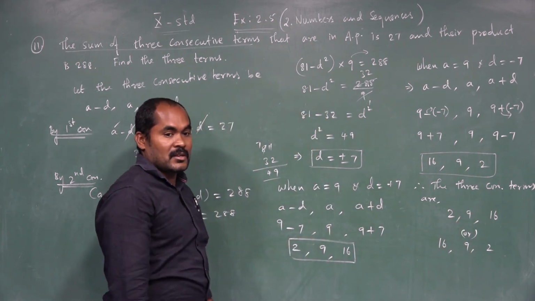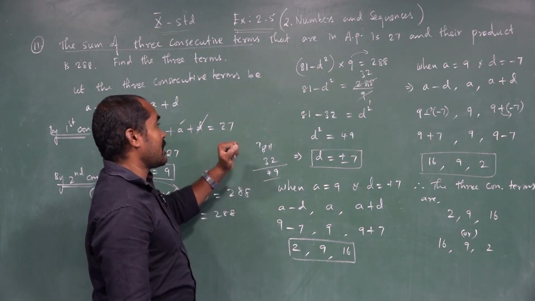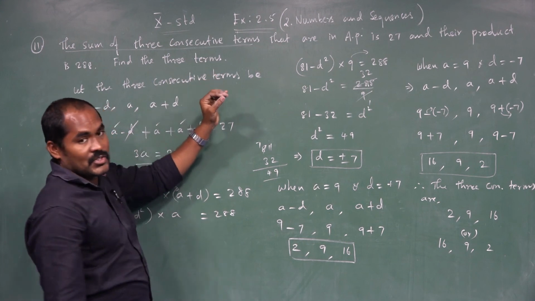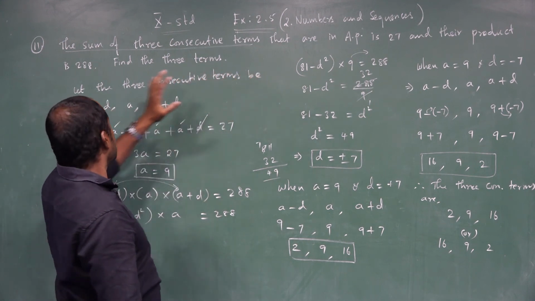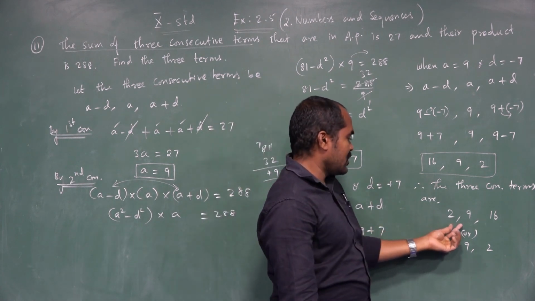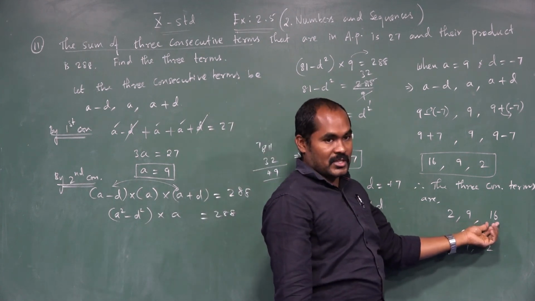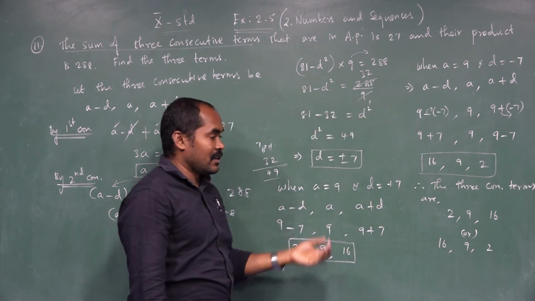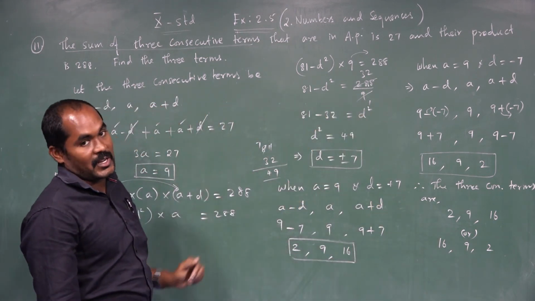So the first condition is satisfied. Our second condition is that the product is 288. Multiply these three numbers: 2 into 9 into 16. 2 nines are 18, and 18 into 16 is 288.